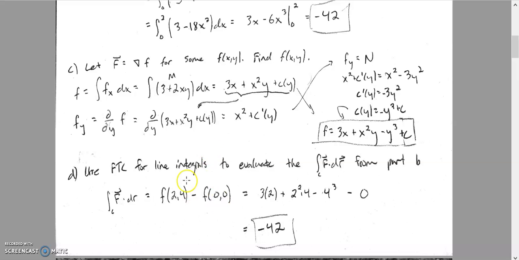So in this case, I get f of 2, 4 minus f of 0, 0. So I evaluate this thing at 2 comma 4. It gives me 3 times 2 plus 2 squared times 4 minus 4 cubed, minus the polynomial evaluated at 0, which gives me 0. You may say, what about the c? Well, inherently, this guy's going to have a c, and this guy's going to have a c, so they're going to get subtracted out. And I get negative 42.